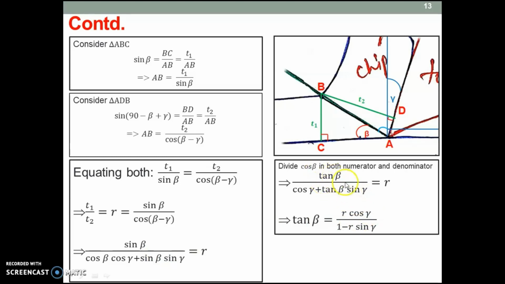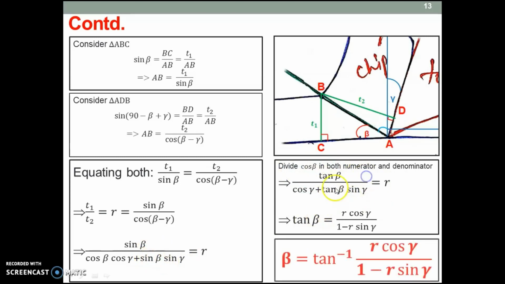So the expression will convert to tan beta divided by cos gamma plus tan beta into sin gamma, which is equal to r. So simply we have divided by cos beta in the numerator and in the denominator.